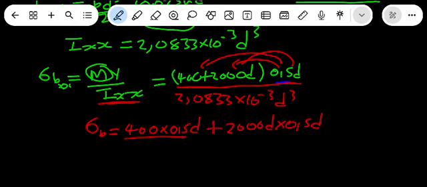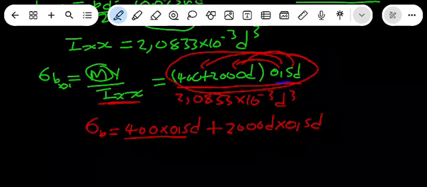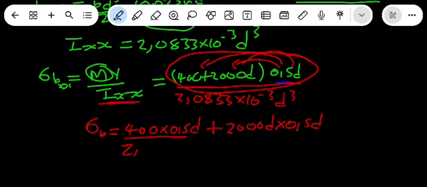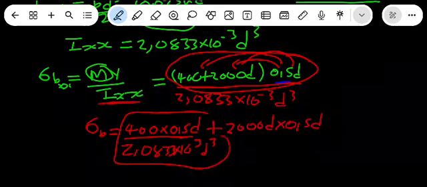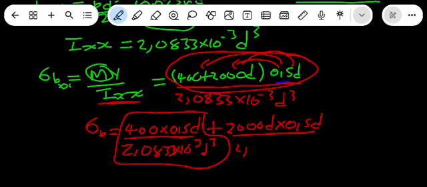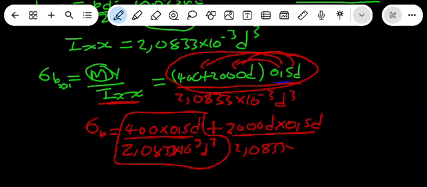Because this thing is dividing the whole of this, so this will be divided by 2.0833 times 10 to the power of minus 3 d cubed. You understand? This part alone will be divided like that. Also, you can divide the second one by 2.0833 times 10 to the power of minus 3 d cubed.